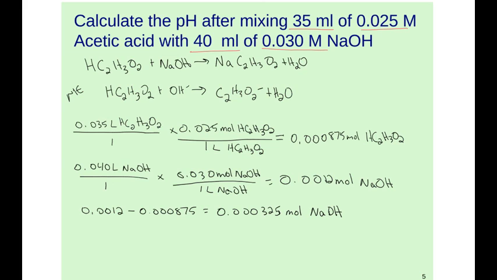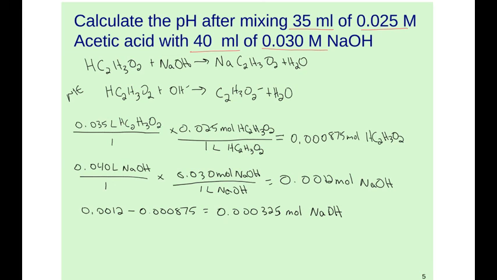When we perform this reaction and we react all of our acetic acid, we're going to be left over with 0.000325 moles of sodium hydroxide. So our ultimate goal here is to find the pH. So now that we know how many excess moles there are of sodium hydroxide, we can find the concentration of the excess sodium hydroxide by using our volume.